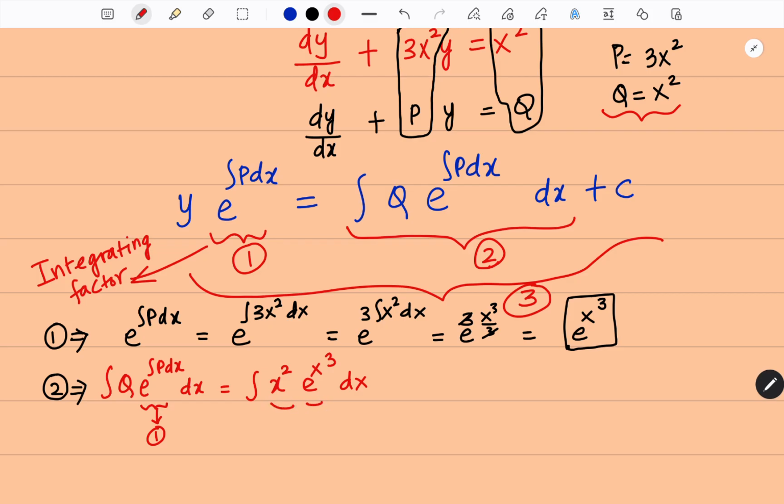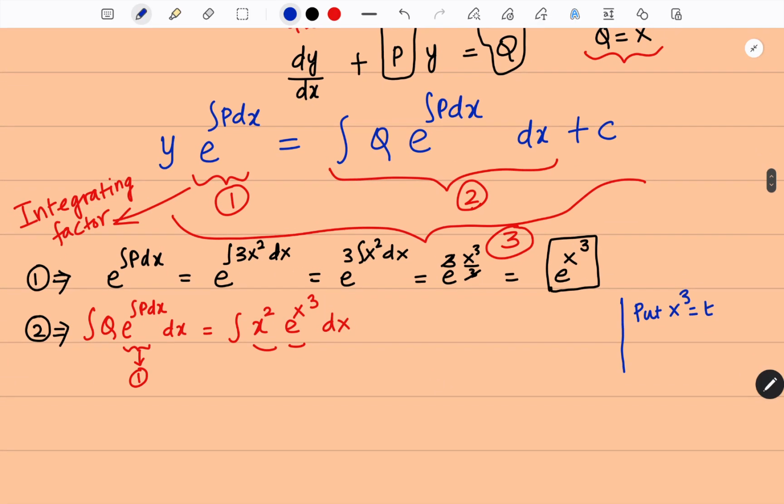Now what happens? Two functions are in the product. Either you should use integration by parts, or the best way is the substitution method. So let's go with the substitution method. Put x cube equal to t. Then we differentiate this: dt by dx, which is 3x square.